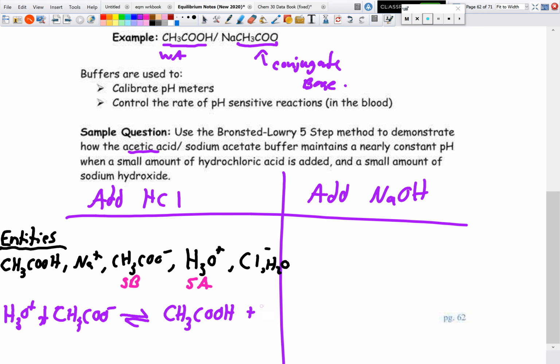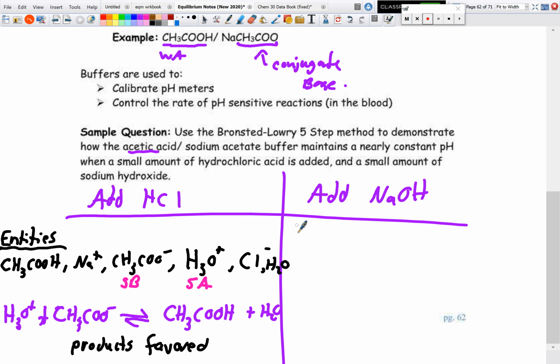We'll notice that we're going to produce more acetic acid, which we already have right here anyway, and we know weak acids ionize to a very, very small degree, so producing a little more of a weak acid is not going to affect the pH at all, because they only ionize at like 1% anyway. So we're not affecting the pH whatsoever, but we are completely getting rid of our H3O+, and of course we know products are favored for this reaction. So we're essentially going to be using up all of our H3O+.